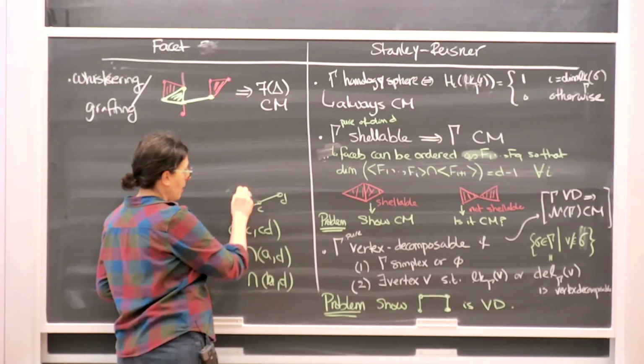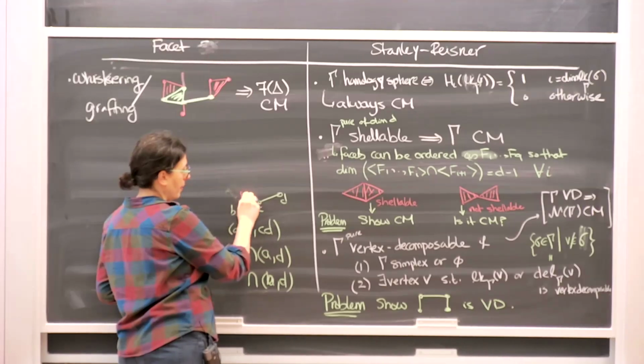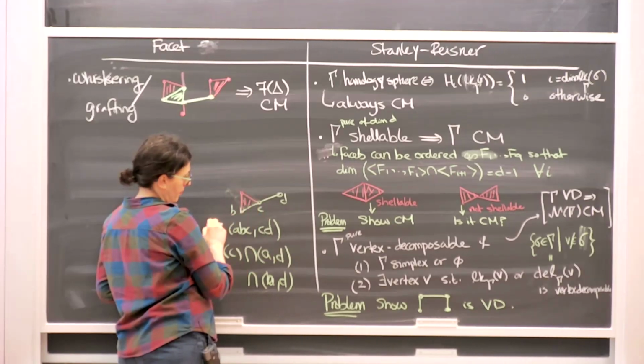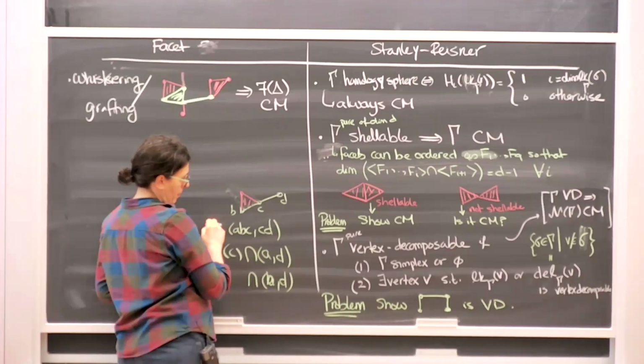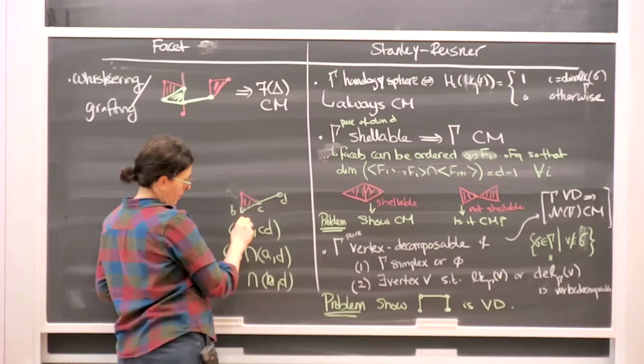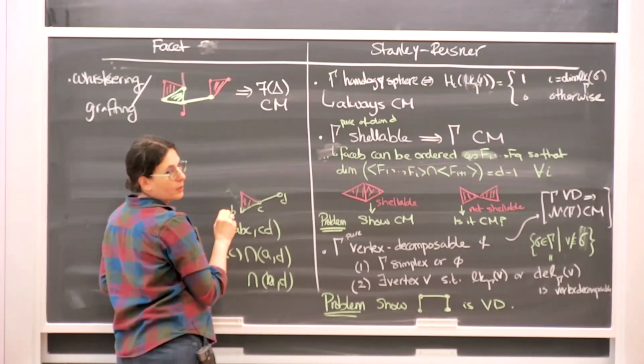And we can graft the triangle above that, and then we can whisker the line CD to that as well. And then that's a whiskering of the line segment, so it should be called Cohen-Macaulay. Who should be called that? The guy that we started with originally.